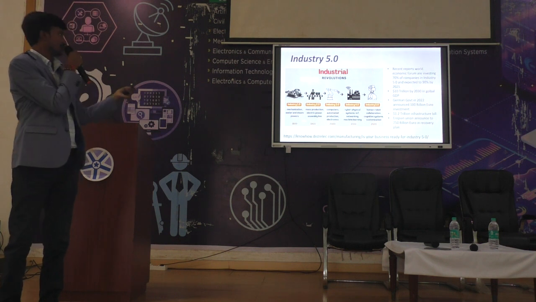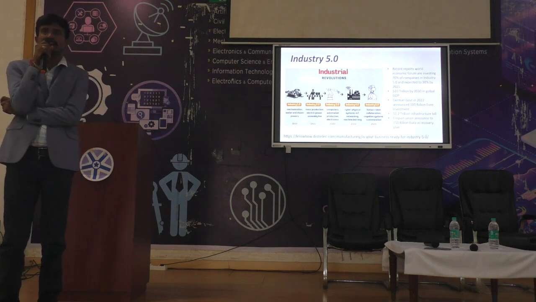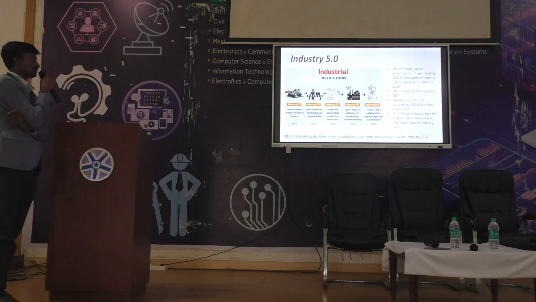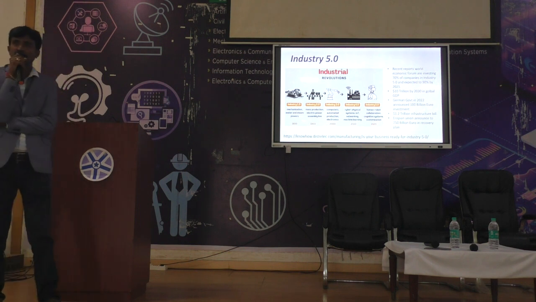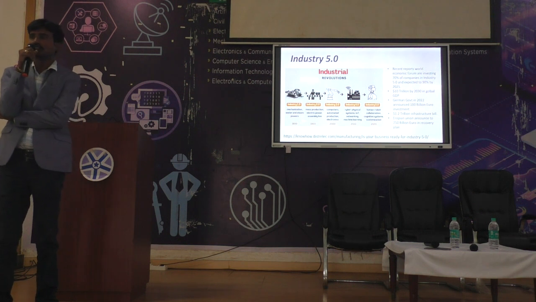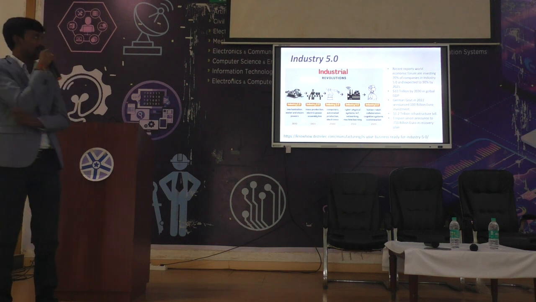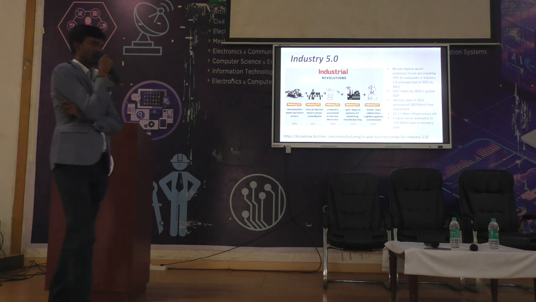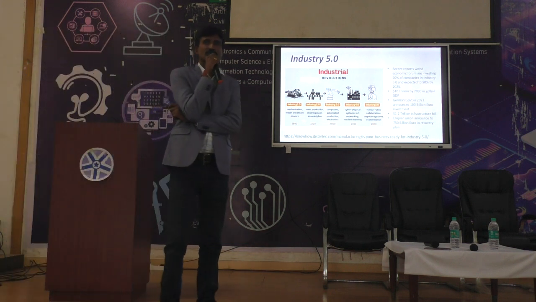Okay, so the third industrial revolution is mainly about computer automated production and also some benefits of utilizing the concepts of electronics. And now if we talk about Industry 4.0, what are the different technologies there?